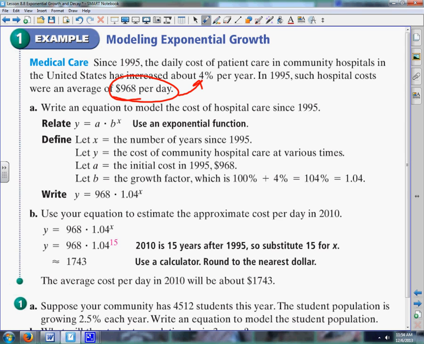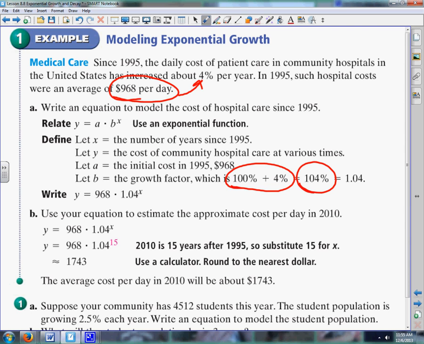Now, the growth factor is 4%. However, if you just times 968 by 4%, it would be a tiny number. So really what you're doing is you're timesing it by 100% plus an additional 4% because it's increasing. So you're going to start with what you have, which is your 100%, and it's going up an additional 4%.